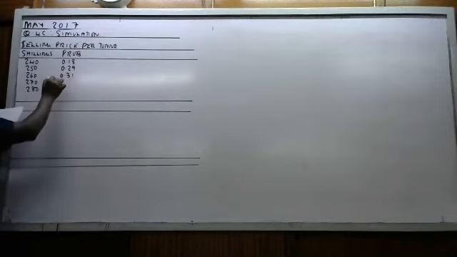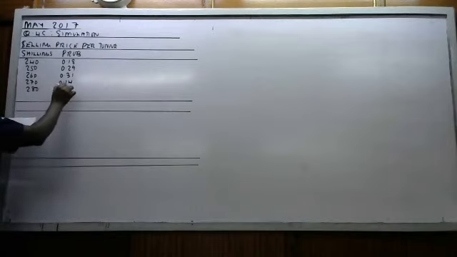So we have shillings. These are 240, 250, 260, 270, and 280. We have probabilities 0.18, 0.29, 0.31, 0.14, 0.08.